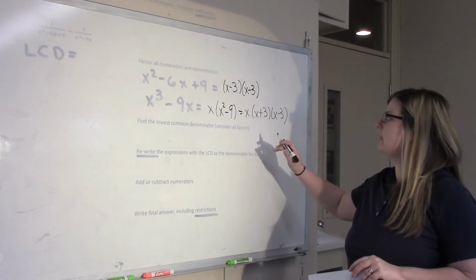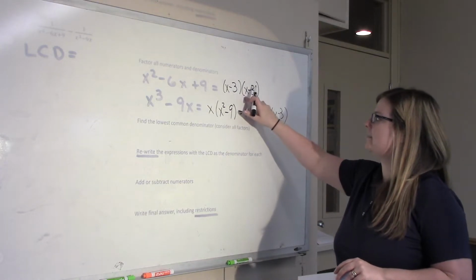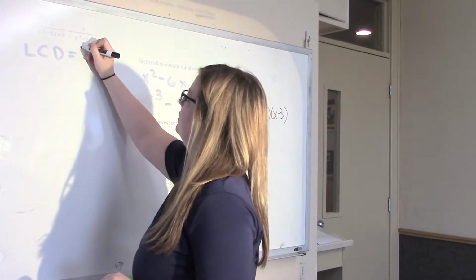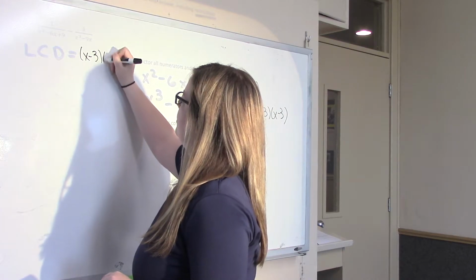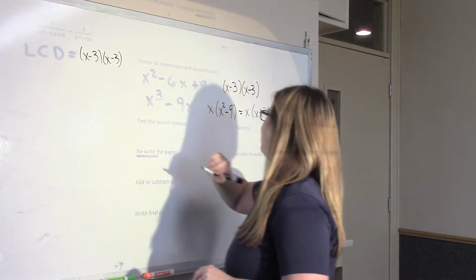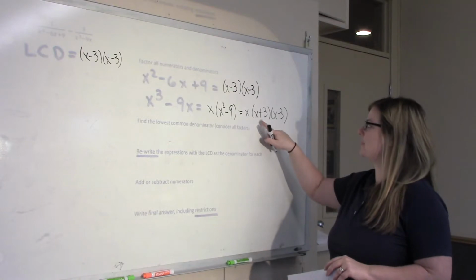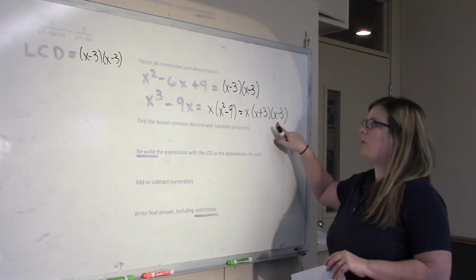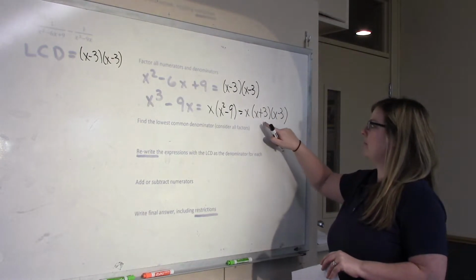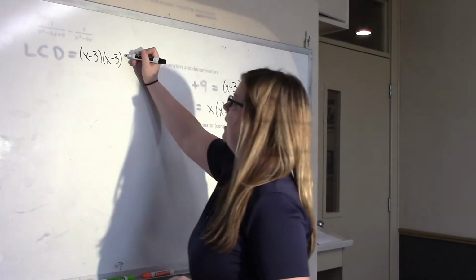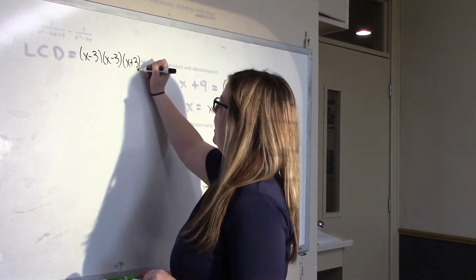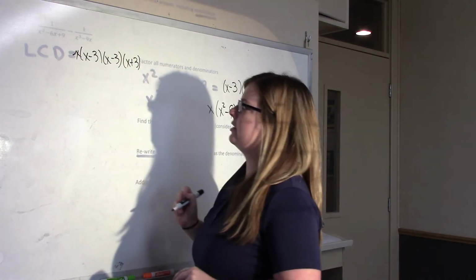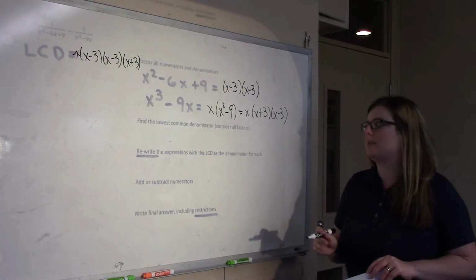So our lowest common denominator, we need at least two x minus 3's for this denominator. Okay, and this denominator has an x plus 3 and one x minus 3. Well, we already have an x minus 3, but we don't have either of these, so they have to be added. Okay, and I'm going to put the single x out front just because it looks better to me.